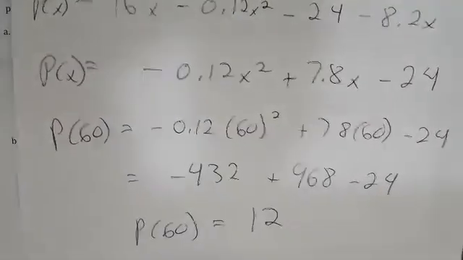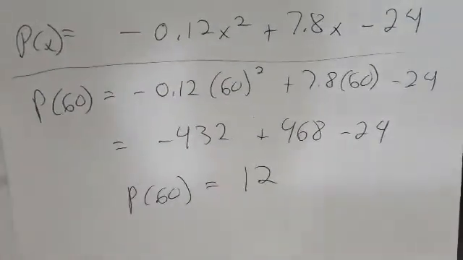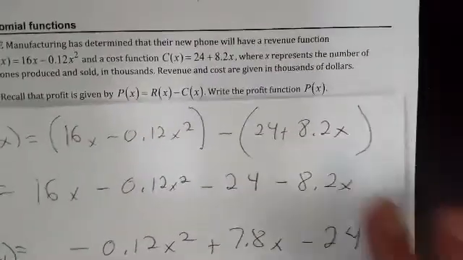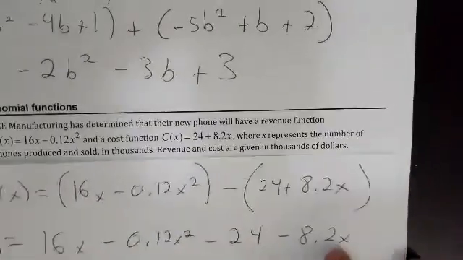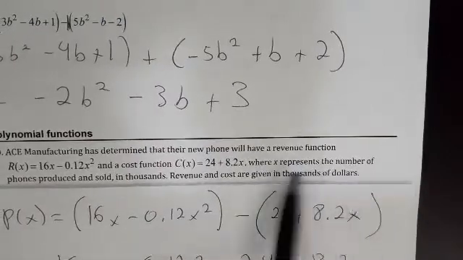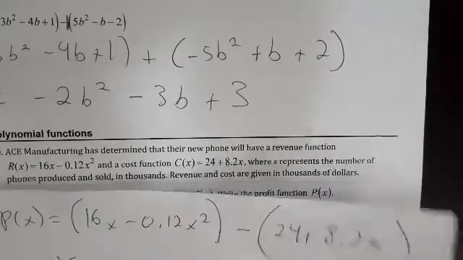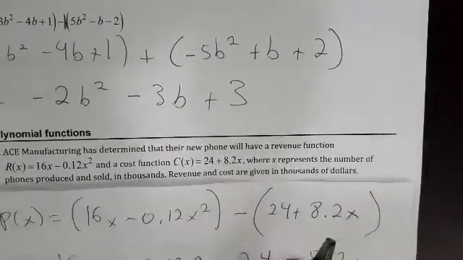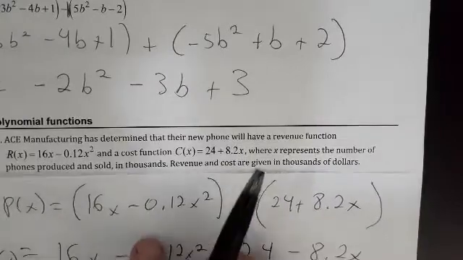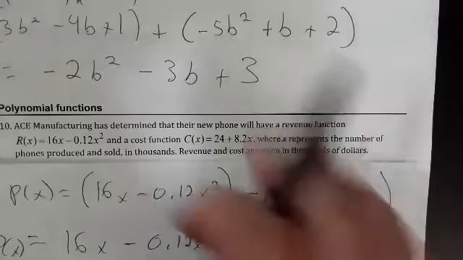So now I have to come back and interpret this. What does it mean in context to this problem? What were we manufacturing? I think we're manufacturing new phones. Let me make sure we got all the units correct. X represents the number of phones produced and sold in thousands. Revenue and cost are given in thousands of dollars.